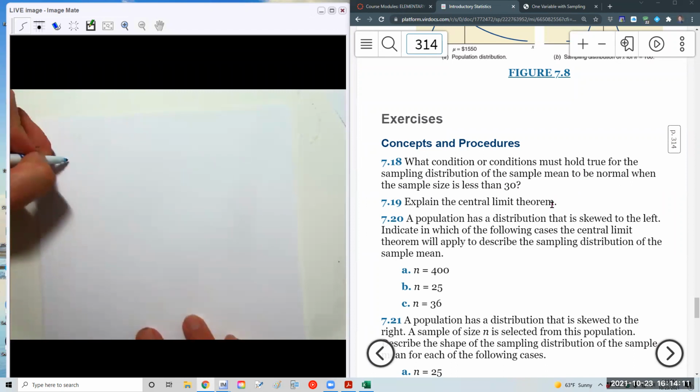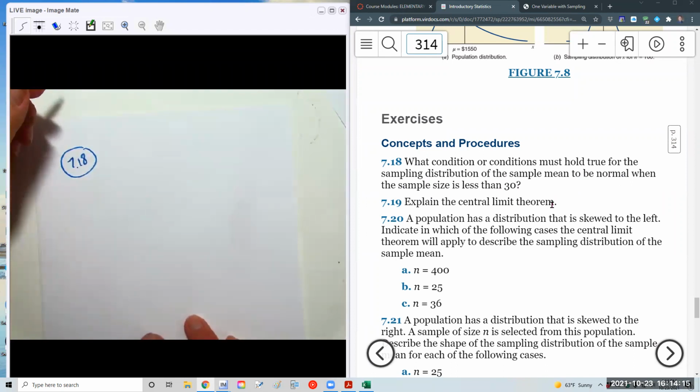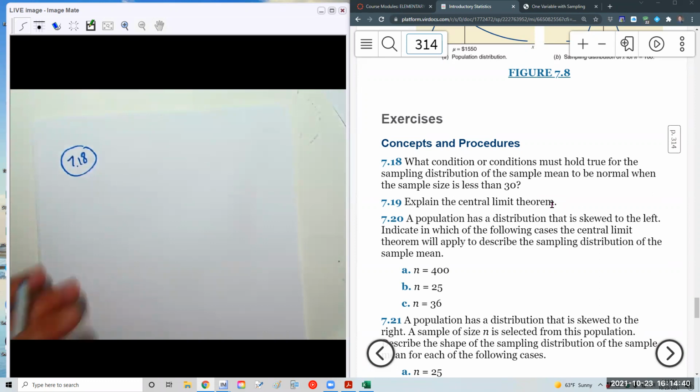And the answer to that, we know from the reading, is that the sampling distribution will be normal when n is less than 30, only if the population is approximately normal. And also, it turns out that if there's any sort of symmetry present in the graph of the population data, you're also going to get a normal sampling distribution for small n.